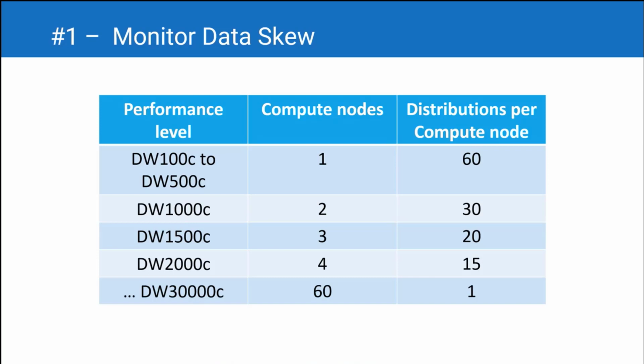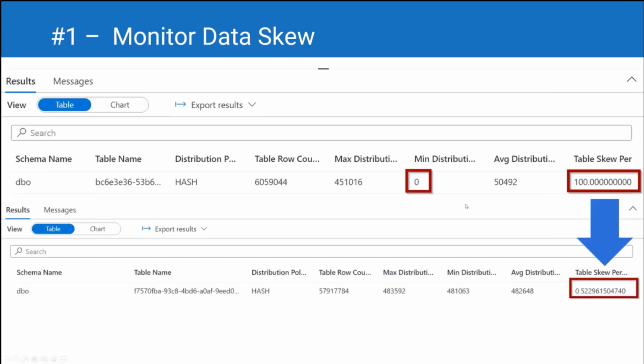And the ongoing cost as well is going to increase as part of that. So each compute node will be looking at a different set number of those storage distributions. So if you have only one, it'll be looking at the 60 distributions. If you have 2, it'll be split across those 2 different compute nodes.